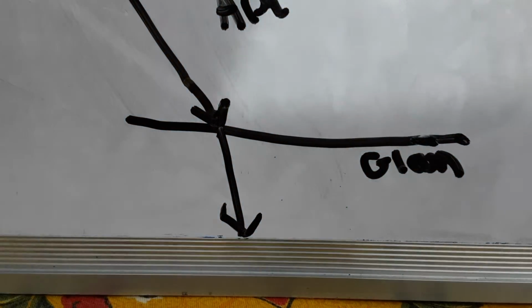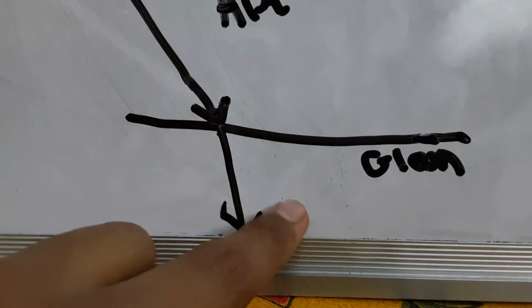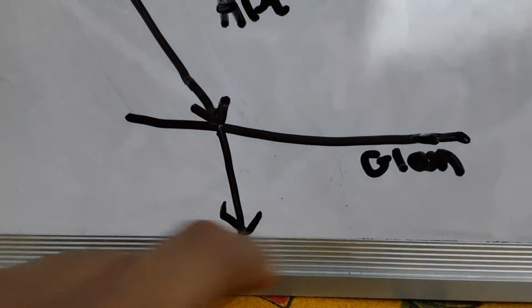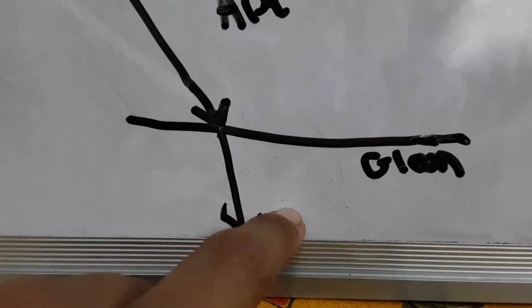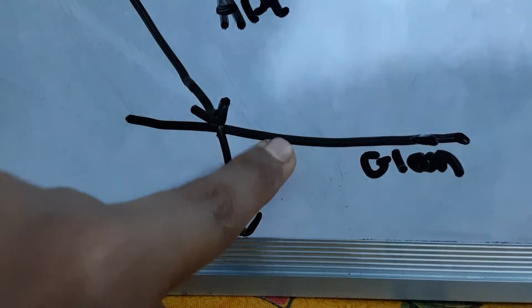And this, which is air, is known as the optically rarer medium. When the light slows down as it enters, it's known as an optically denser medium. And as the speed of light is much more in air compared to glass, air is the optically rarer medium. I hope you understood this concept.